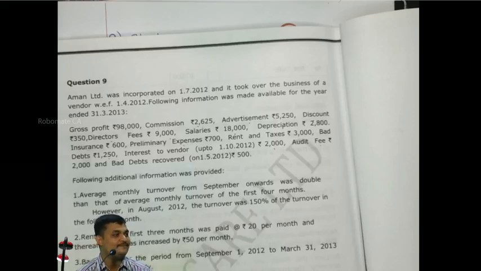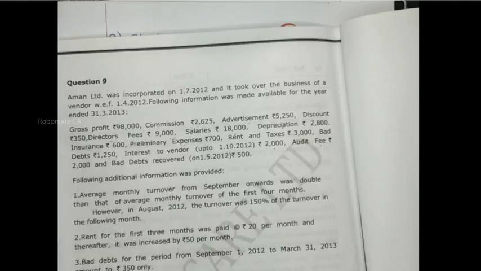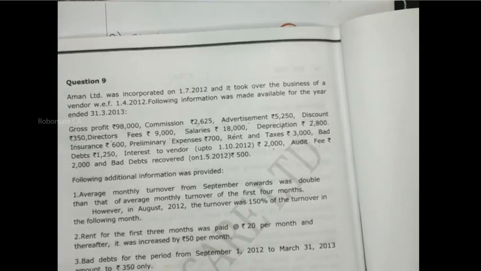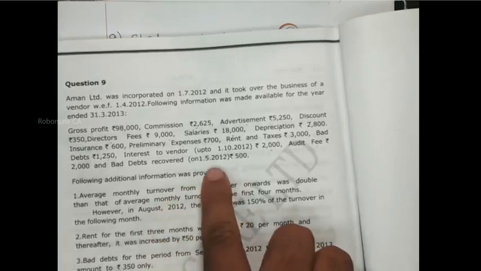So please listen. Bad debts recovery is not some activity performed throughout the year. Suddenly what you have written off as bad, you are getting as income; that is income only when it is received. So naturally it should be the income for the date on which the money was received, and since it is received on 1/5/2012, it will be directly attributable to that date only, which is falling in pre, and thereby bad debts recovered will be taken in the pre-incorporation period.